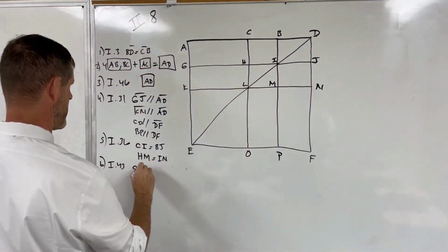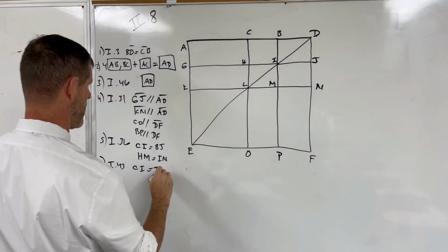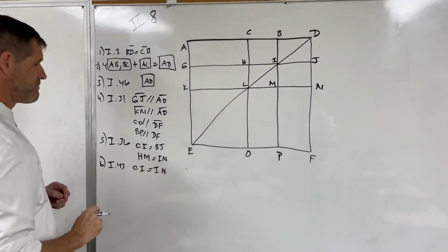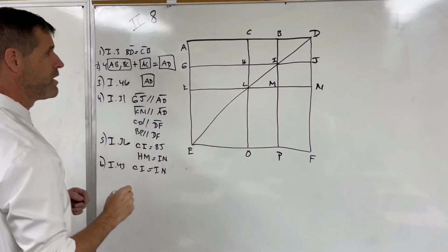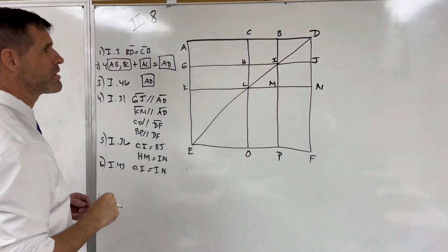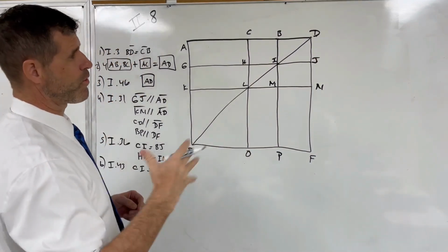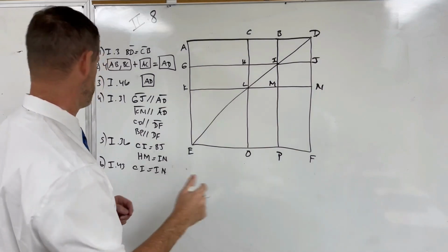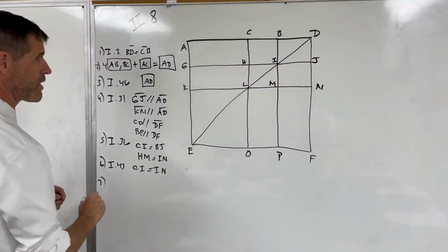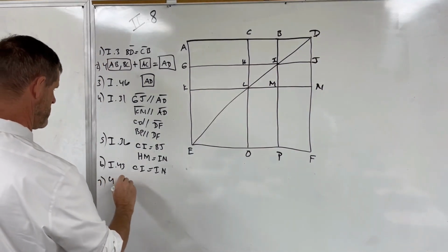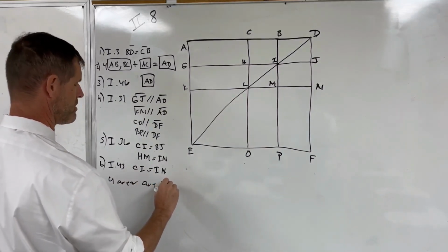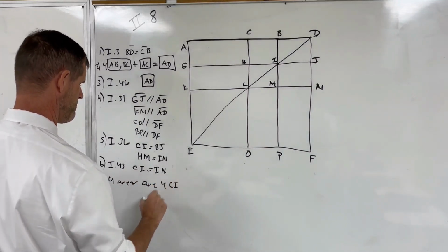So that means that CI is equal to IN, which means that all of these figures, if you combine steps 5 and 6 here with common notion number 1, we can say that all 4 areas are equal to each other, which means that 4 of them together would be 4 times one of them. Therefore, he says that the 4 areas are 4 times CI, 4 times the figure CI.